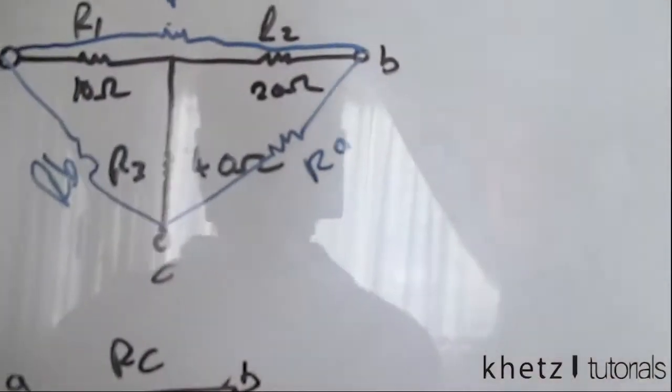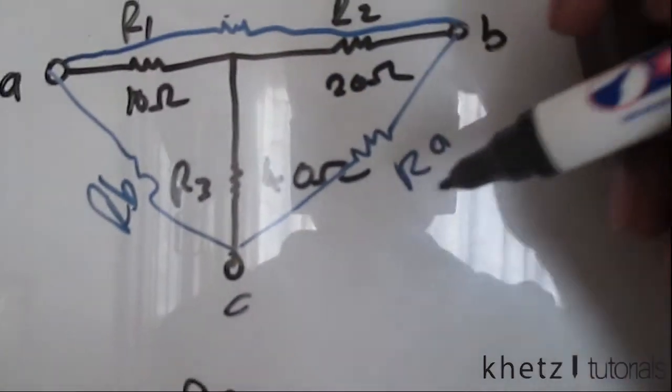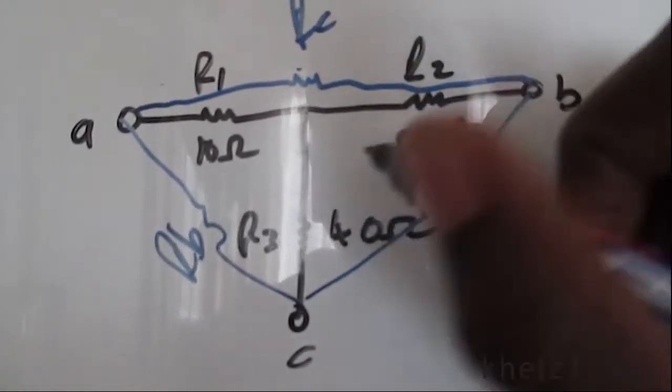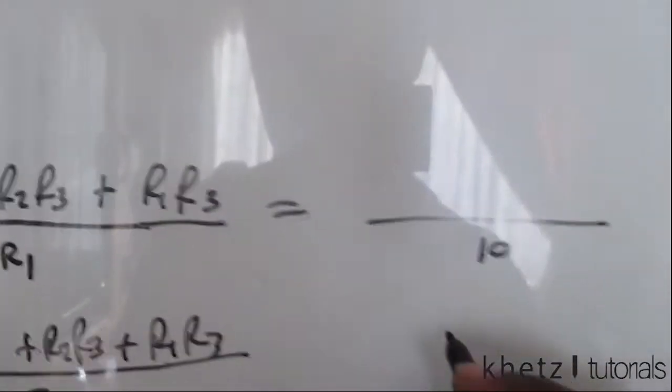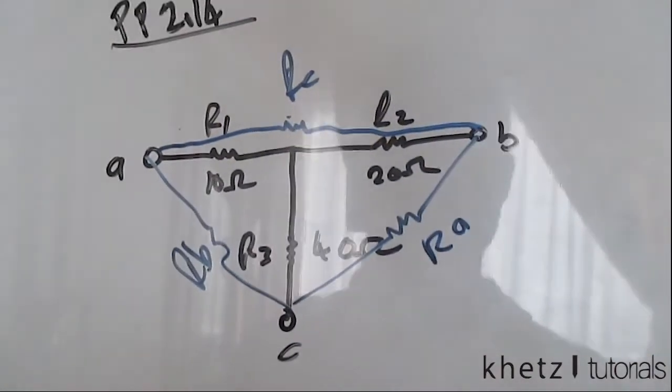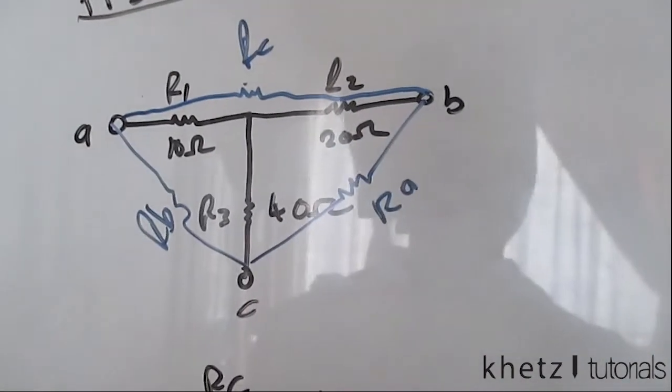So let's find RA. RA is looking at that resistor there. So we draw a line, then we divide by 10, and we multiply all the possible resistor pairs.